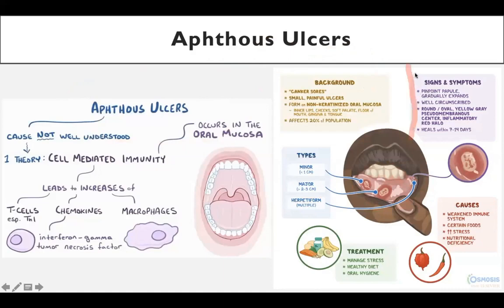So what are the signs and symptoms of aphthous ulcer? As you remember, they are pinpoint papules which gradually expand and become bigger. They are well circumscribed, means they are absolutely round, with a central yellow area.